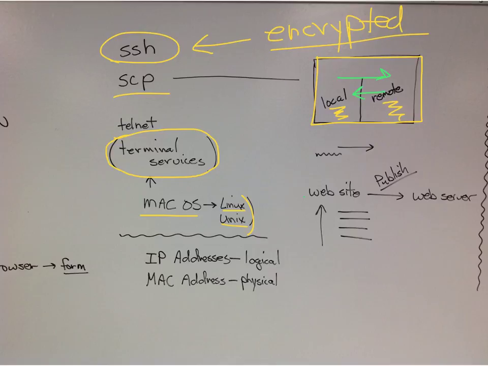A lot of people will develop their website on their local machine. They'll do all the work and make sure how it looks, and some of the operations can be done here. Then when they're ready to publish it, they'll copy it over to the web server. That'd be this process here. You can do all the work on your local machine and then move it over to a web server.